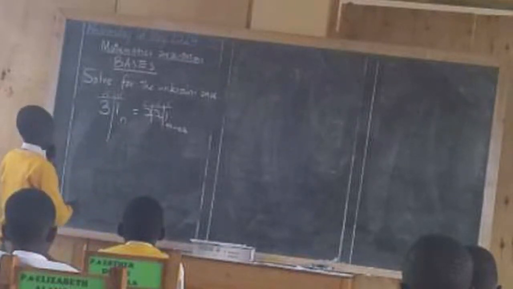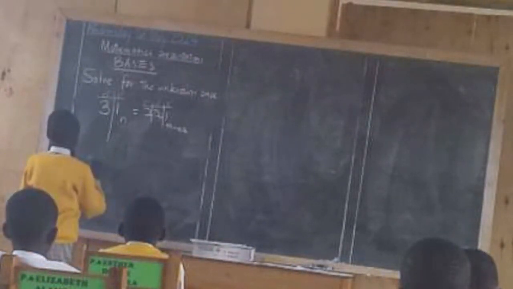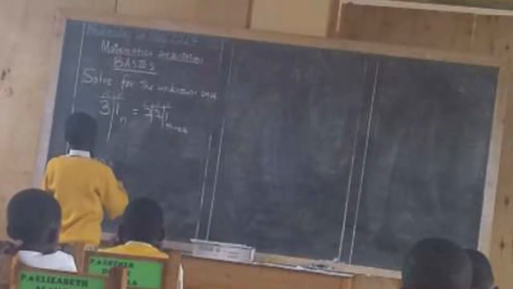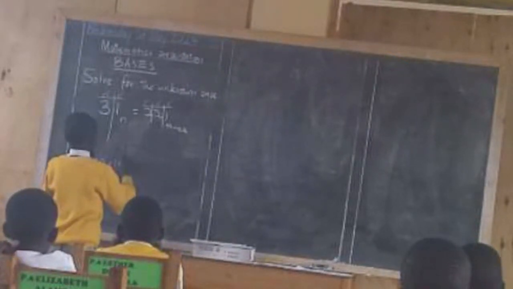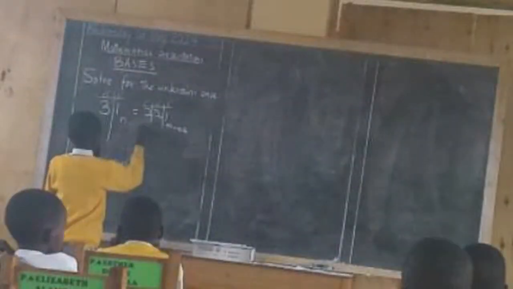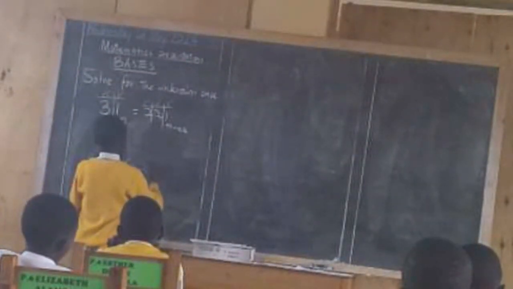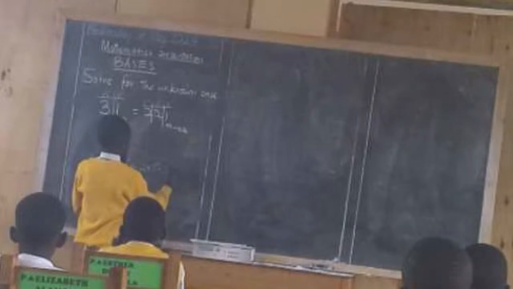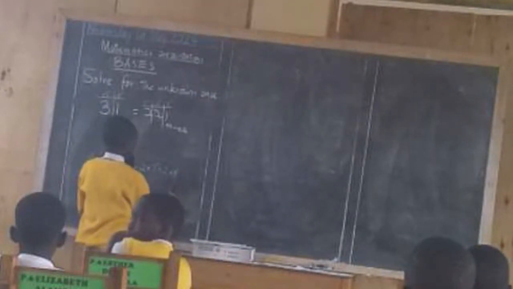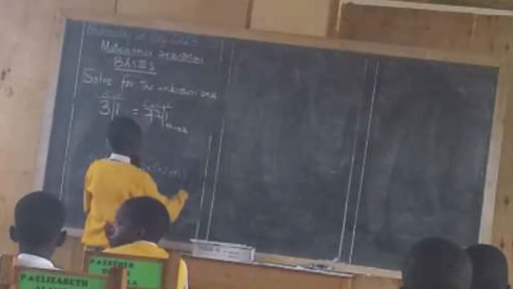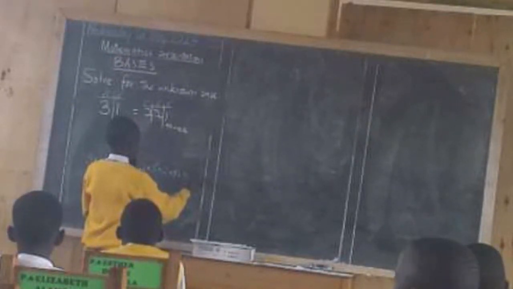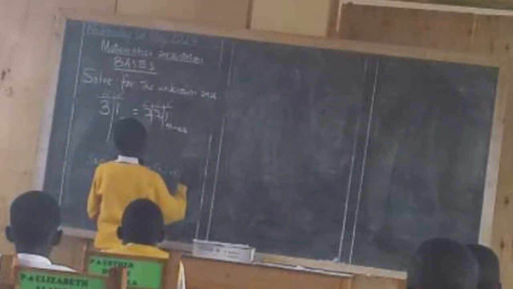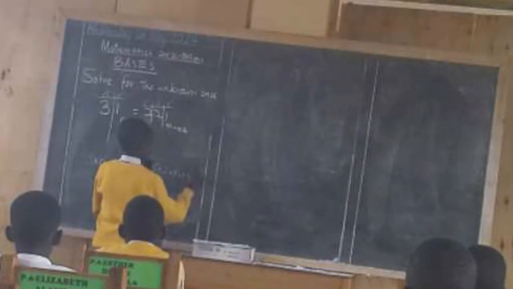Now that we have given them all powers, we write them down here. 3 times n power 1 plus 1 times n power 0 equals this one: 2 times 3 power 2 plus 2 times 3 power 1 plus 1 times 3 power 0.